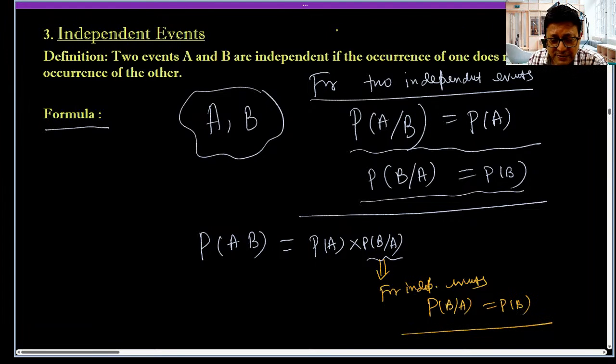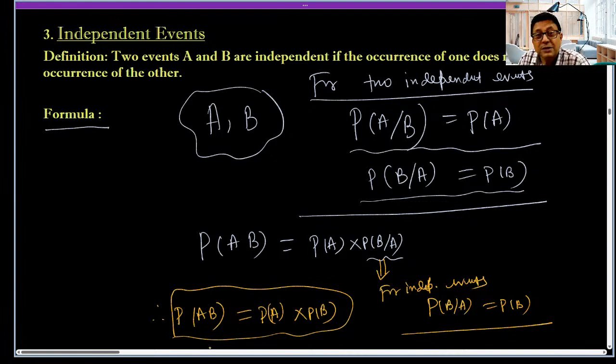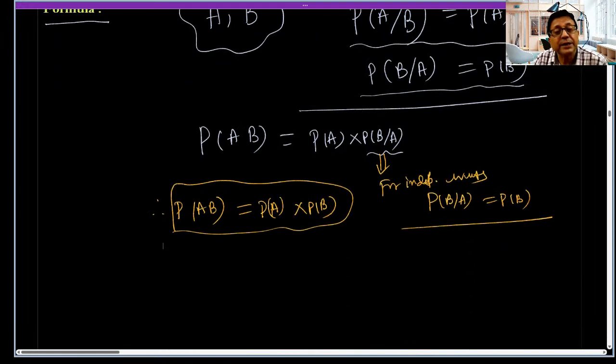You got this? So therefore P(AB) is going to be what? P(A) into P(B). So this is the case of independent events. This is the multiplication rule. You can say that the multiplication rule is being developed gradually, step by step, one by one. Okay? So P(AB) equal to P(A) into P(B).